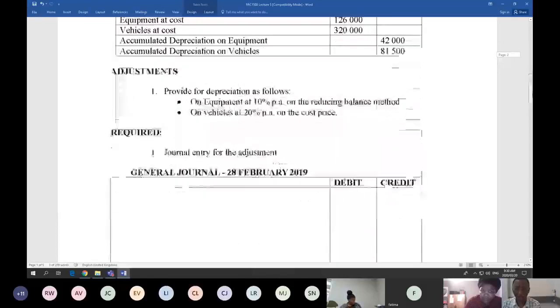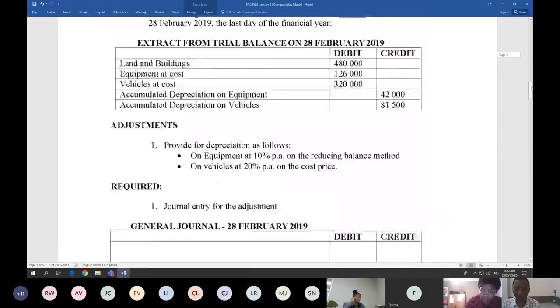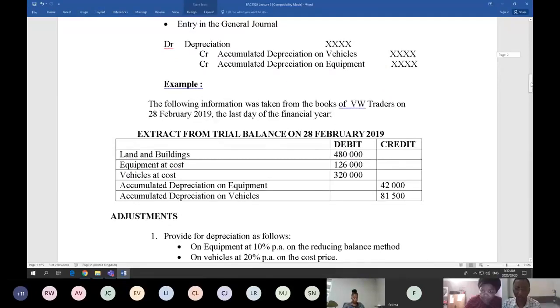In your note on page 2, I have got there for you on top there, the first bullet, the actual entry and how to record the entry in the general journal for depreciation.